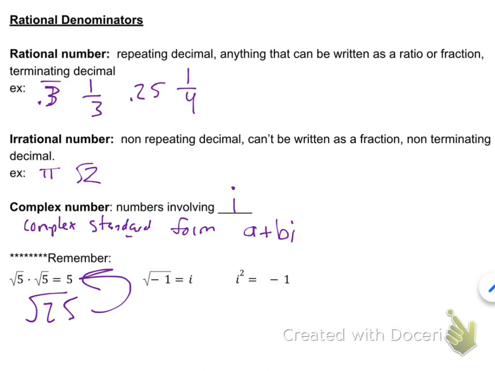We should also remember the square root of -1 is I. We poked the I's out, right? We didn't like negatives inside square roots. We poke it out. And if I end up having an I squared, I can replace all my I squareds with -1.